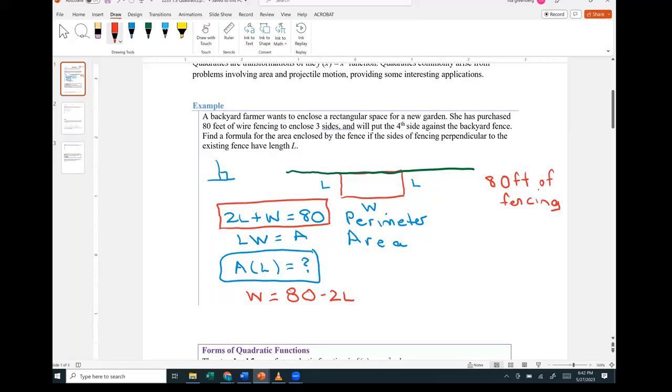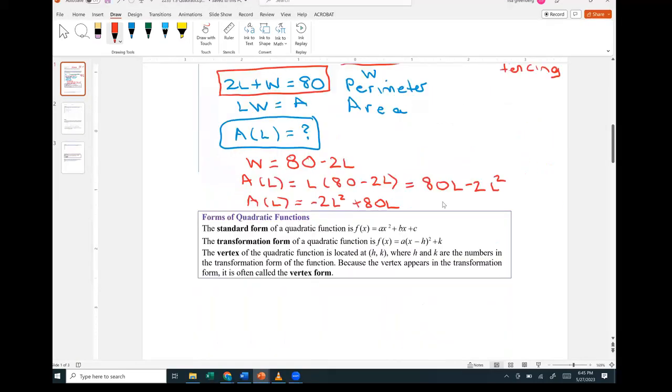And then I know that the area as a function of length is going to be L times 80 minus 2L. I distribute that L. I get 80L minus 2L squared. So if I write it in standard form, which is descending order, this would be minus 2L squared plus 80L.